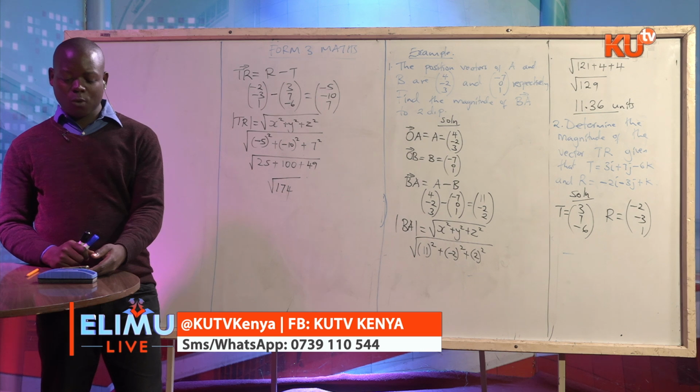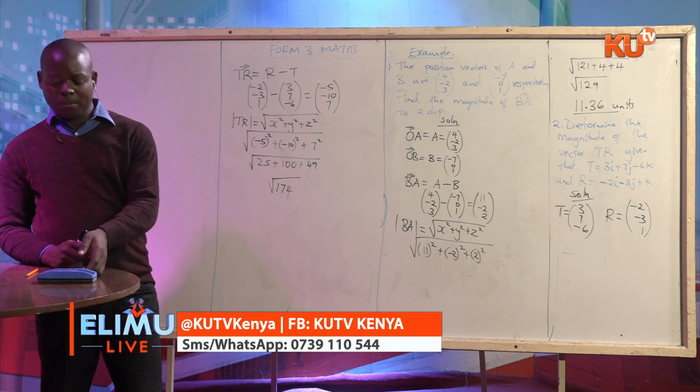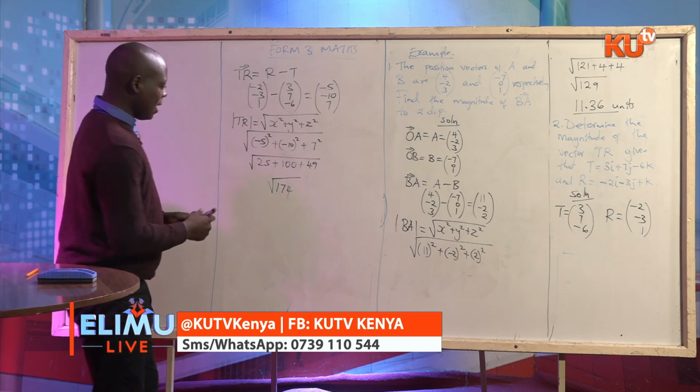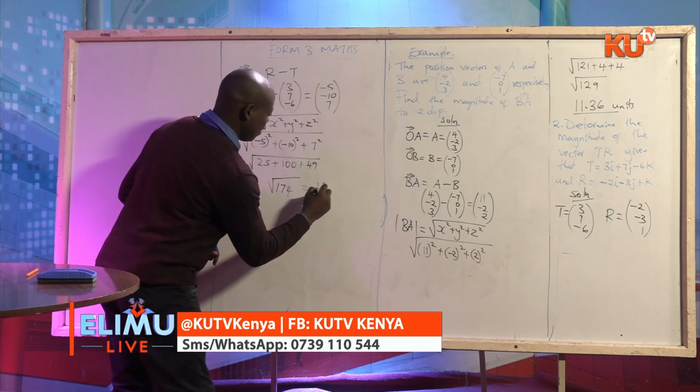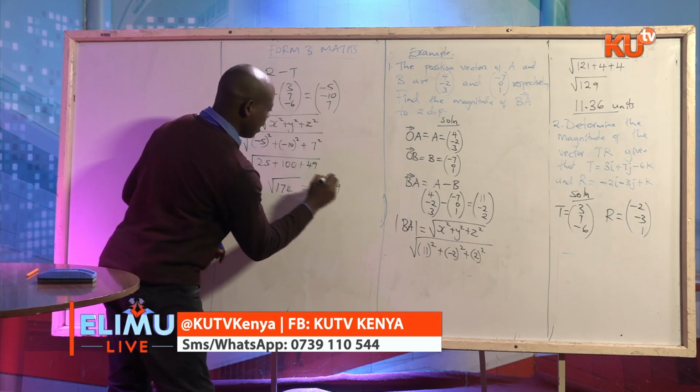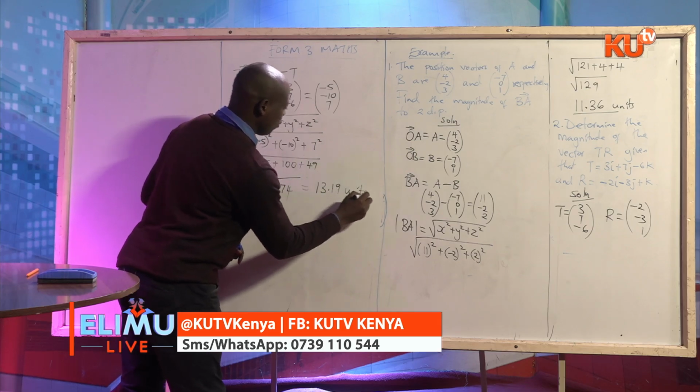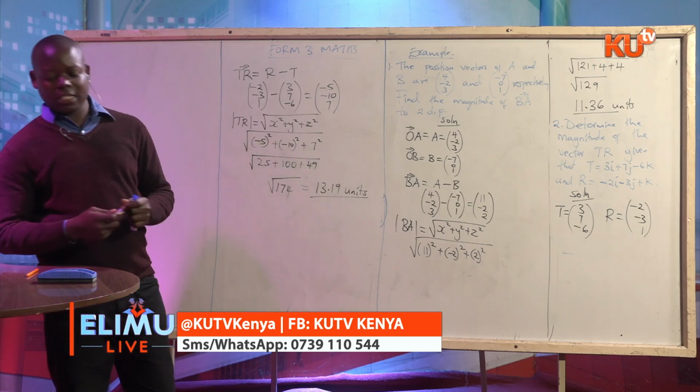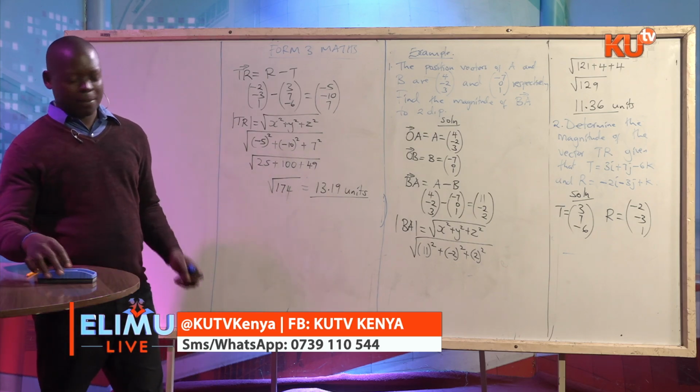Therefore, we shall give it to 1 or 2 decimal places, and that will be 13.19 units as our magnitude.